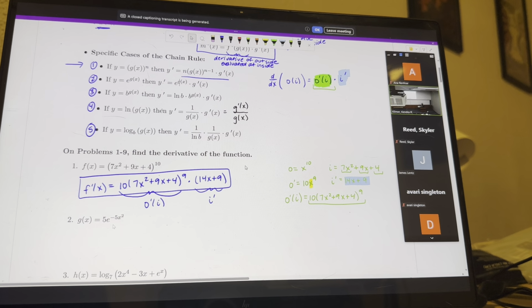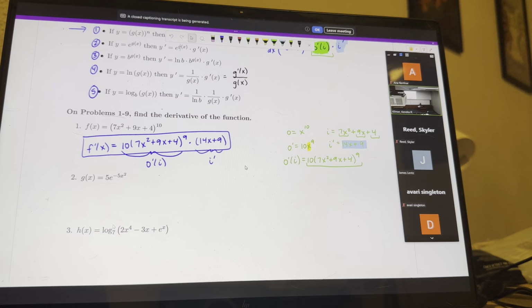All right, so number 2, g of x is equal to 5e to the negative 5x squared. Okay, so again, we recognize a function that's almost a function we could take the derivative of last week, right? What would it have to have been if I could take the derivative of it last week? 5e to the x, okay?